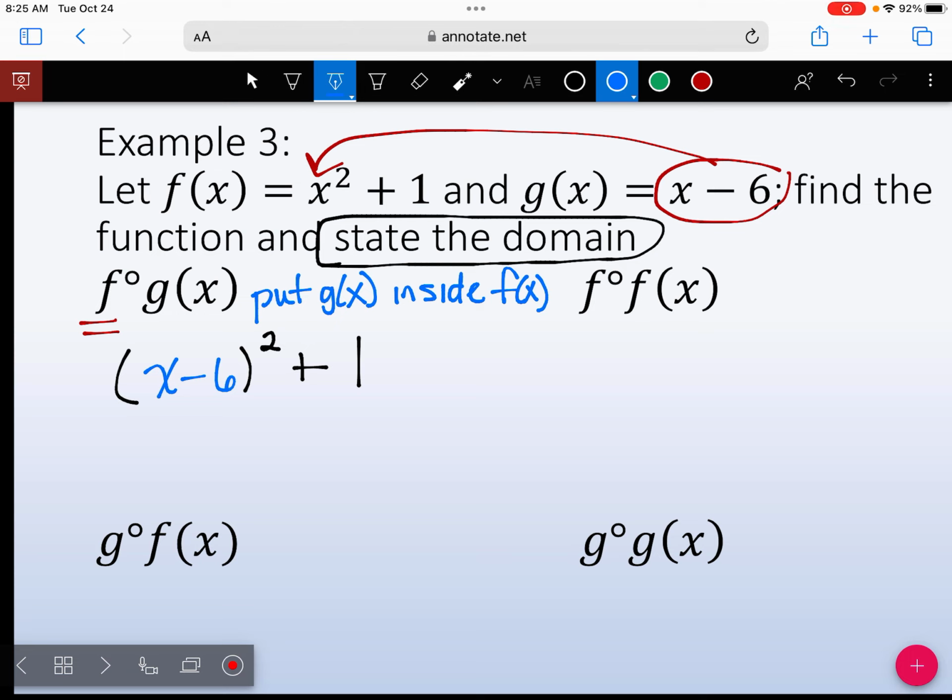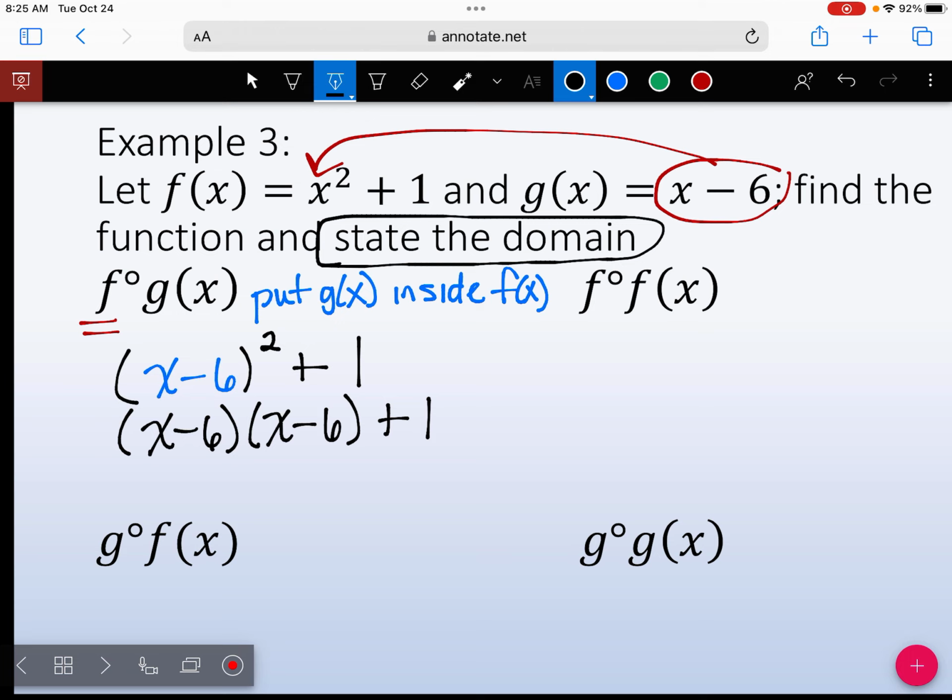So what I just did was I took that g function, which said x minus 6, and dropped it inside of my f function. Now you have to be careful here because you're squaring x minus 6. So that means x minus 6 times x minus 6. So go ahead and make a box, multiply that out. Or if you know the pattern, just write it out. Whichever way.